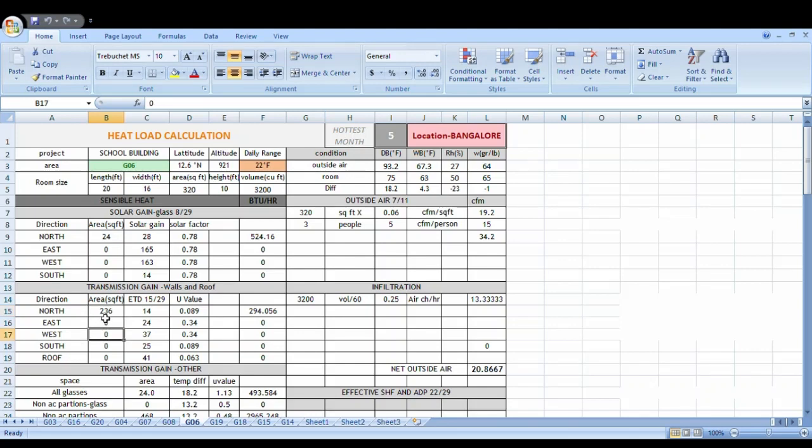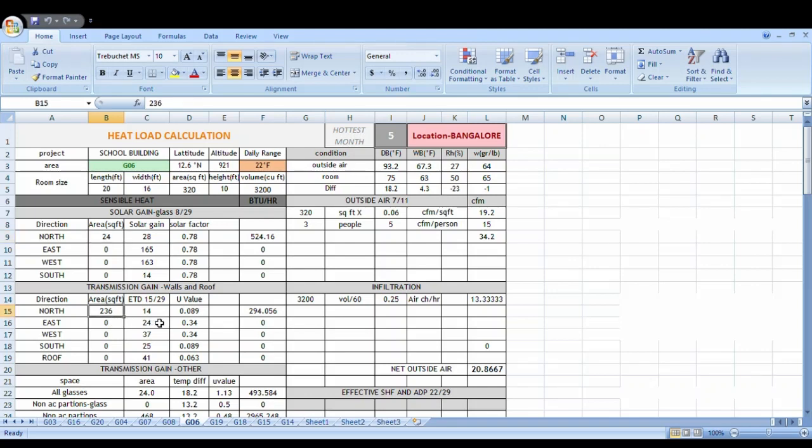So 20 multiplied by the height. The height is 13 feet, meaning 10 feet false ceiling height, and we have to take extra 3 feet. So 20 into 13 comes to 260 square feet, minus the glass area we already calculated, 24 square feet. If we subtract this, we will get 236 square feet.